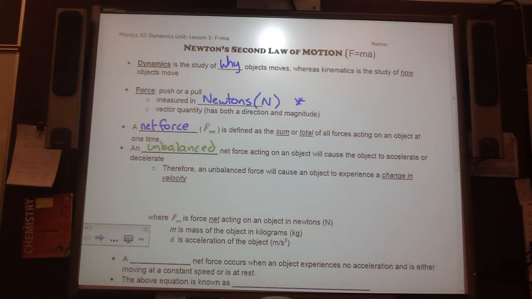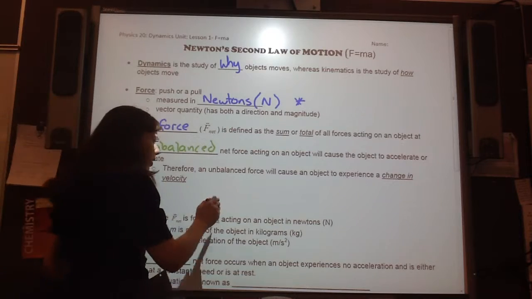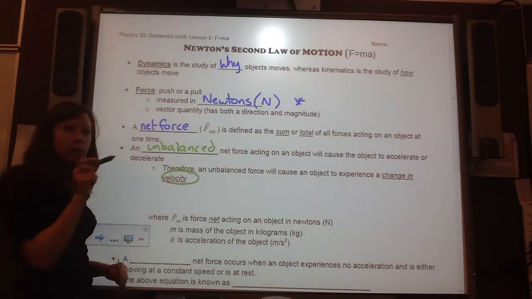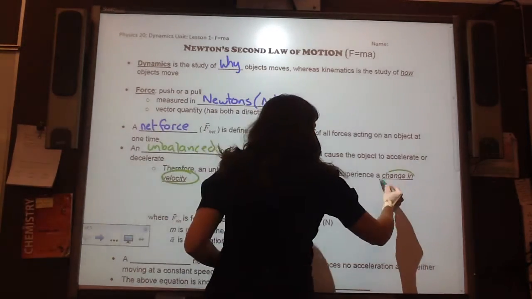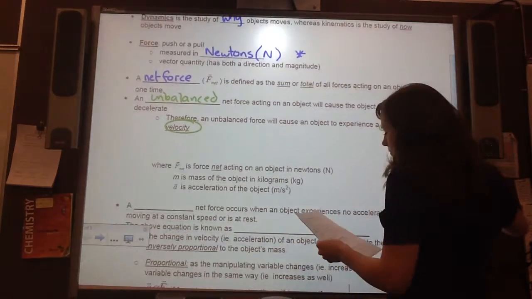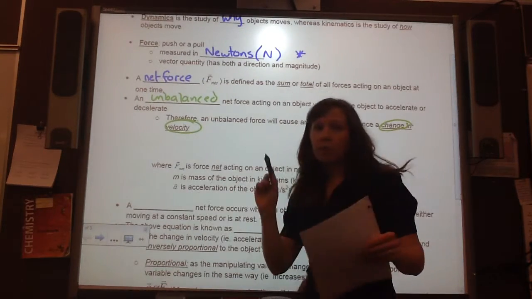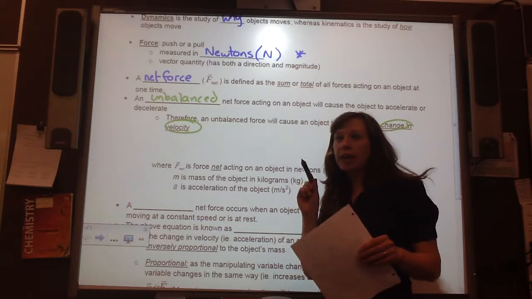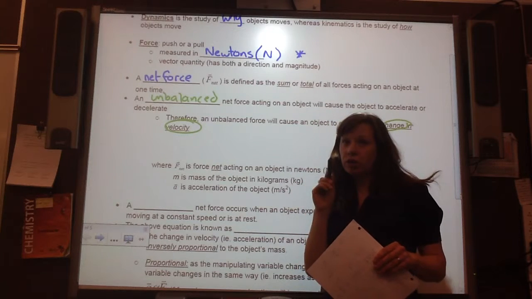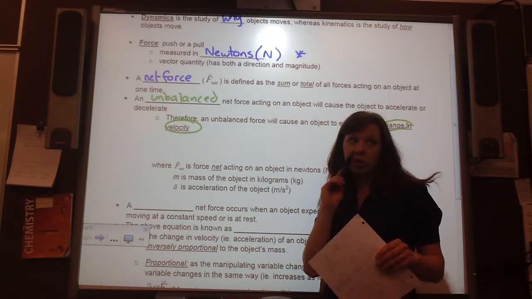Therefore, an unbalanced force will cause an object to experience a change in velocity. Remember, a change in velocity means acceleration. A change in velocity can mean just a change in direction, which can be acceleration too.